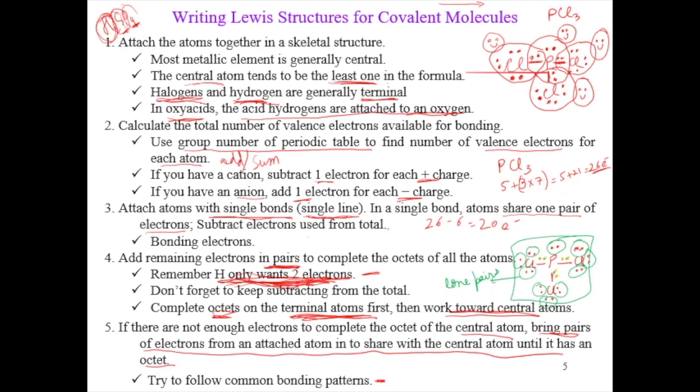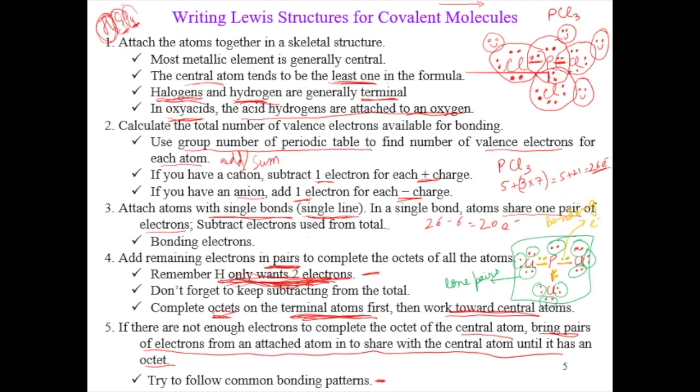These electrons are referred to as bonding electrons. Bonding electrons are the electrons that are shared in a covalent bond.